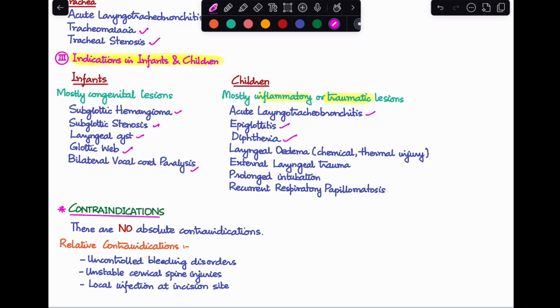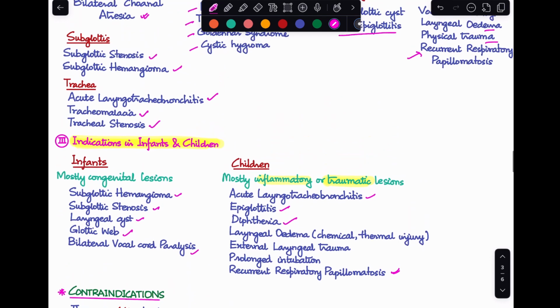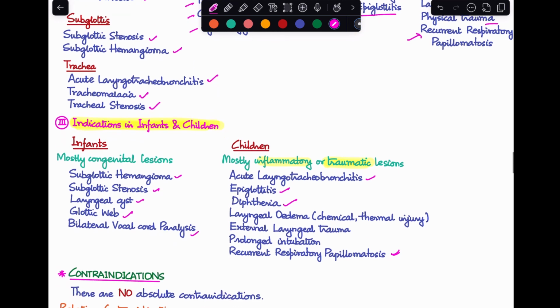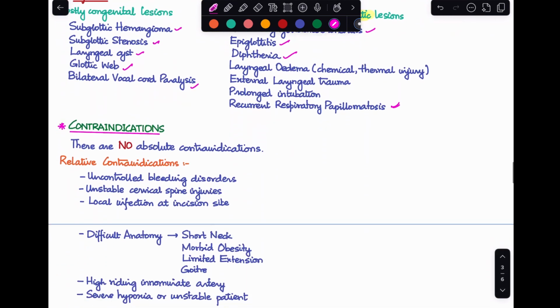There can be external laryngeal trauma, prolonged intubation, and lastly, recurrent respiratory papillomatosis. So, these are some causes that are indications of tracheostomy in infants and in children. To remember, for infants, mostly the causes are congenital, and for children, mostly the causes are inflammatory or traumatic. So, these are all about the indications of tracheostomy.